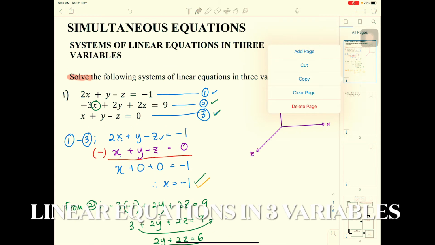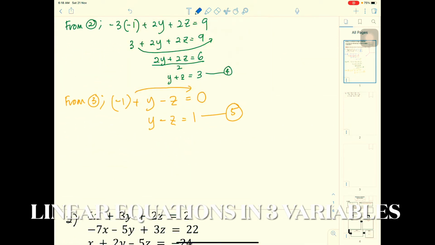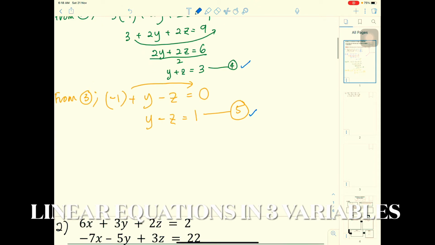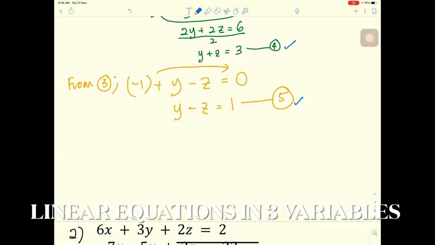Between equation 4 and equation 5, what do we do? Equation 4 minus equation 5: y plus z equals 3, and y minus z equals 1.